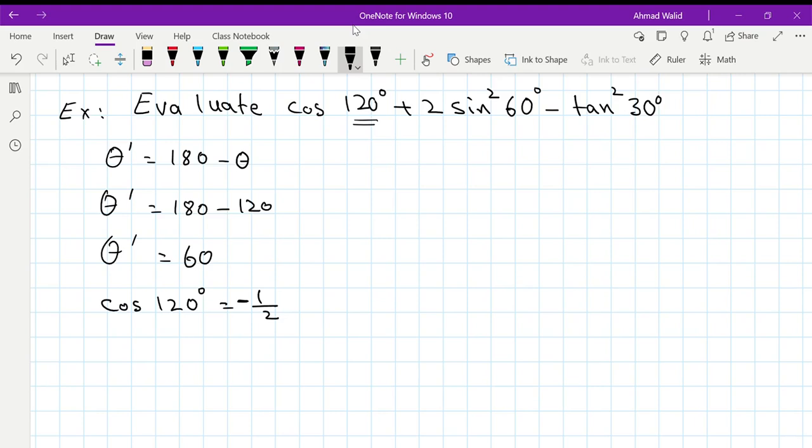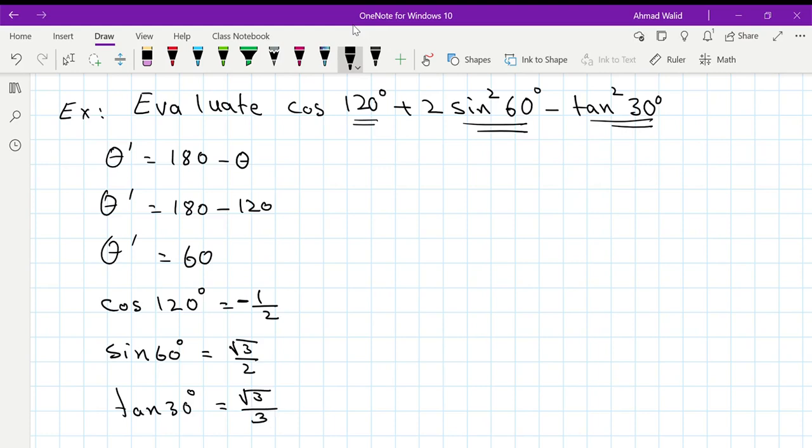Okay. What was sine of 60? Because you need sine of 60 and you need the tangent of 30. You have your table from 2.1. Sine of 60 degrees equals radical 3 over 2. Tangent of 30 degrees, which is equal to cotangent of 60, or you can just check in your table, is radical 3 over 3.